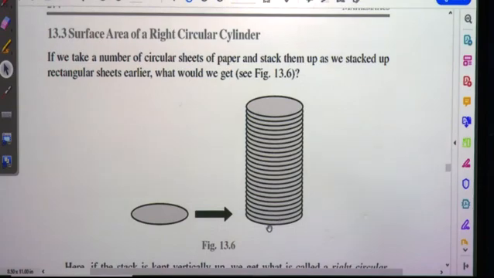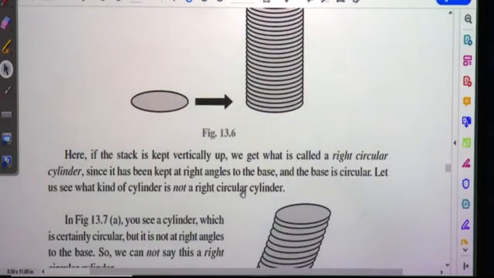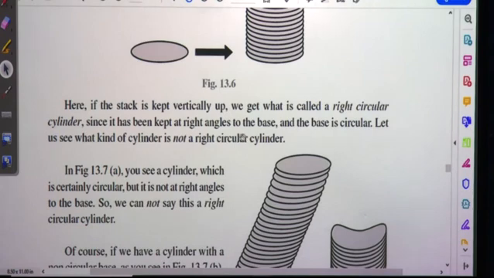If the stack is kept vertically up, we get what is called a right circular cylinder, since it has been kept at right angles to the base and the base is circular. Let us see what kind of cylinder is not a right circular cylinder.